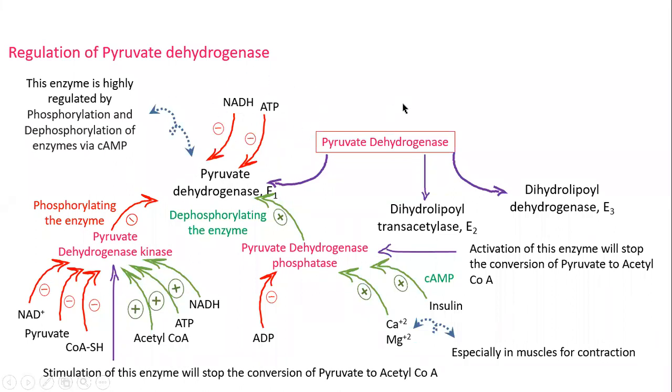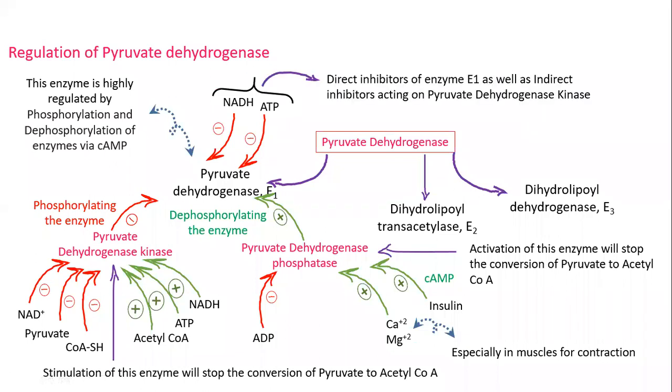So this is how all the compounds will regulate the PDH complex. These two are direct inhibitors of E1, as well as indirect stimulators of pyruvate dehydrogenase kinase. And this is the whole story, how we can convert pyruvic acid into acetyl-CoA, and how this transition stage is regulated by various compounds.